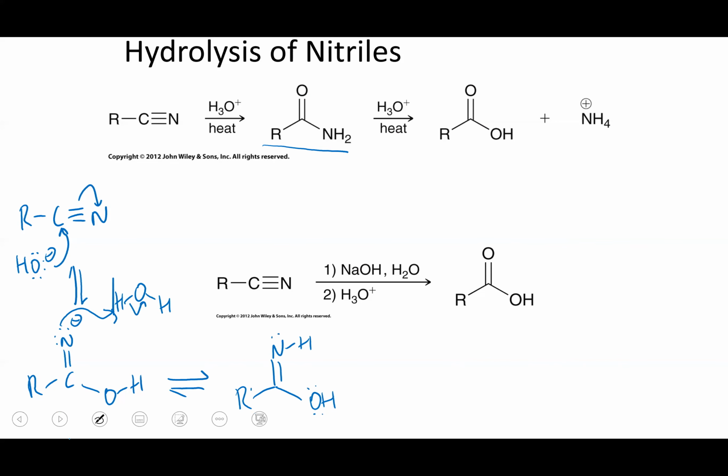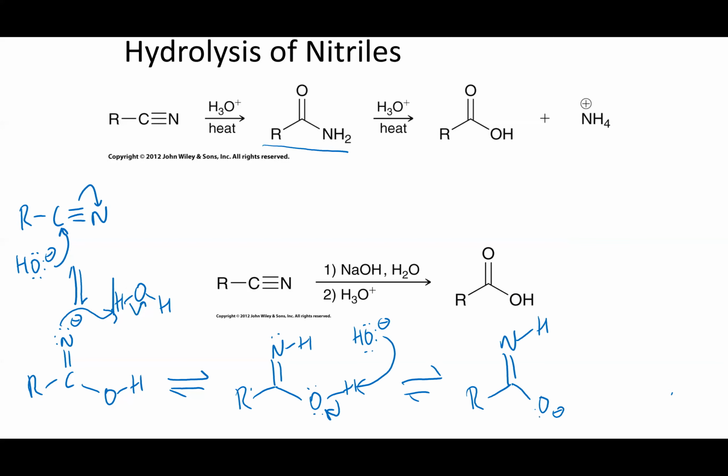So we take the hydroxide, we'll do a proton transfer here. Now we're going to have an intermediate. It's got a negative charge on the oxygen. We really need to get to the stage where we have the amide, so I'm going to draw a resonance structure.